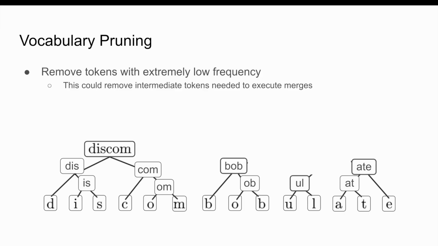If we take it out, then it means we can't merge and create that larger token. And now instead of 2 tokens, discombobulate gets tokenized into 4 tokens. And this is harming compression. So now you've just doubled the sequence length of this word that the model will see.